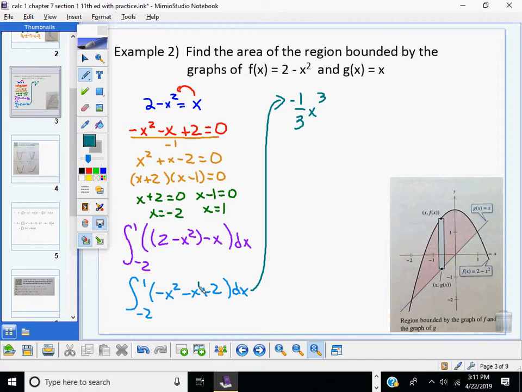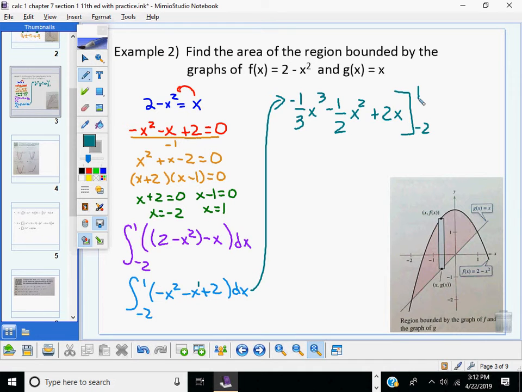If I add 1 to that, I get 2. So I'm going to have negative 1/2 x squared plus I add x to the 2 and I get 2x. We don't need a plus c because we are integrating from negative 2 to 1. So we have negative 1/3 x cubed minus 1/2 x squared plus 2x.